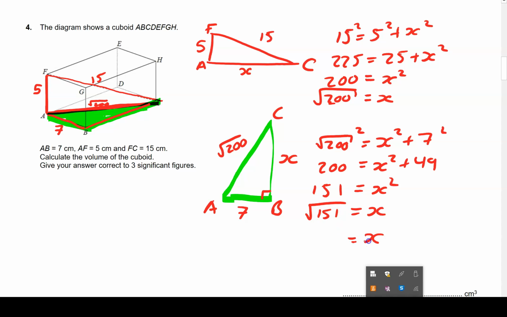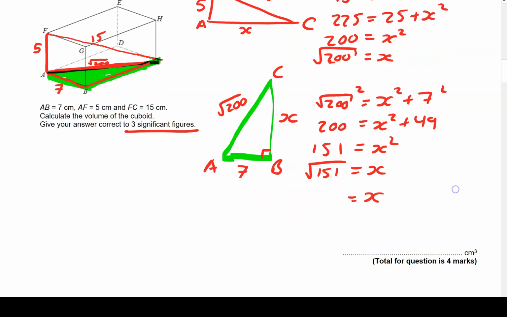Okay, so the square root of 151 as a decimal, and we want it to 3 significant figures. So my answer is 12.28 dot dot dot, so it would be 12.3 to 3 sig fig.